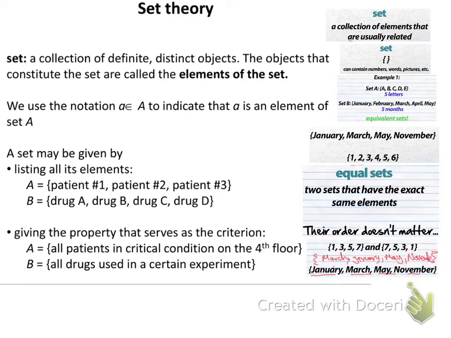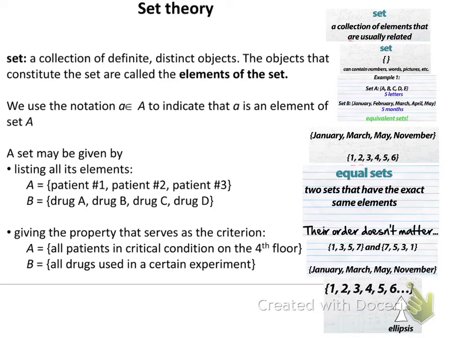Here we started with January, but there March came first, and January was second there but first here. But still we have the same number of elements, 1, 2, 3, 4 and 1, 2, 3, 4, and only the order changed. The same elements here are there. March is here and there, January here and there, May also, November also. The only thing that changed is the order. I hope this also clarifies equal sets.